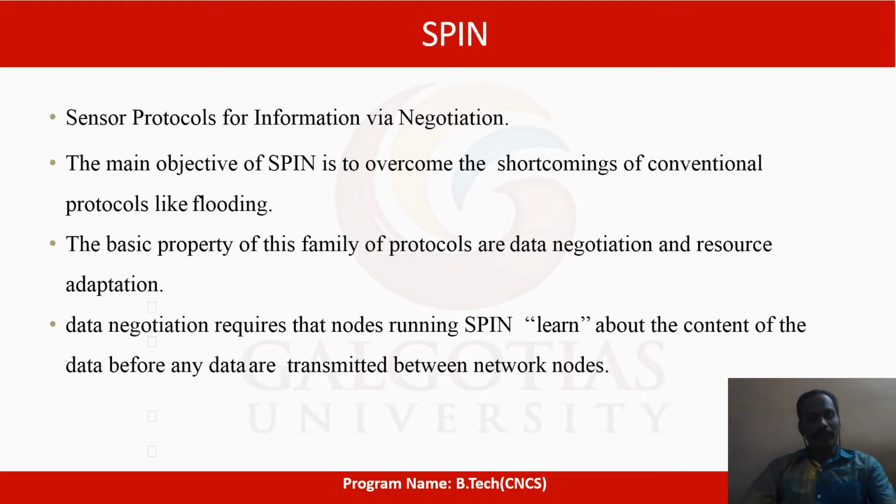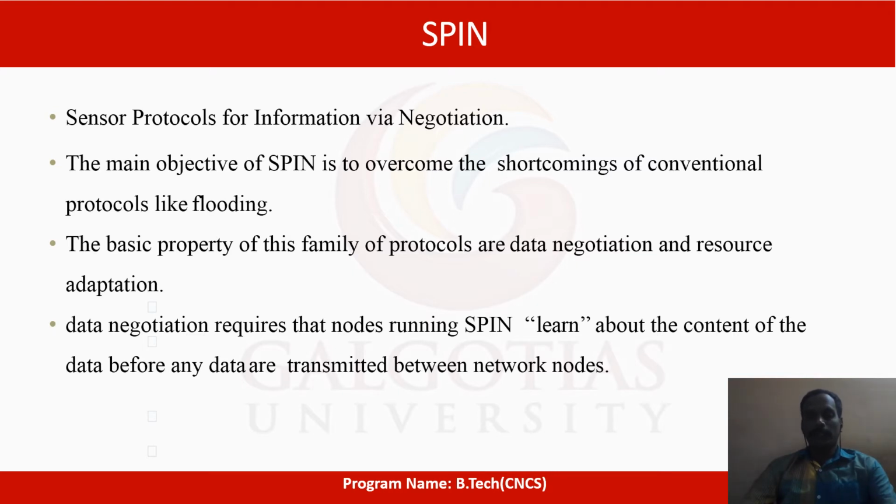In SPIN versions, we are using SPIN-PP and SPIN-EC. SPIN-PP is a basic handshake sequence. SPIN-EC is used when the node energy level approaches the lower threshold.